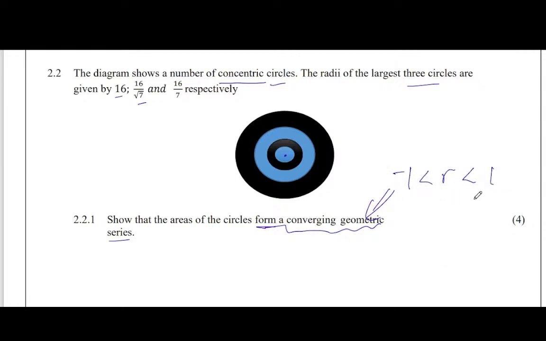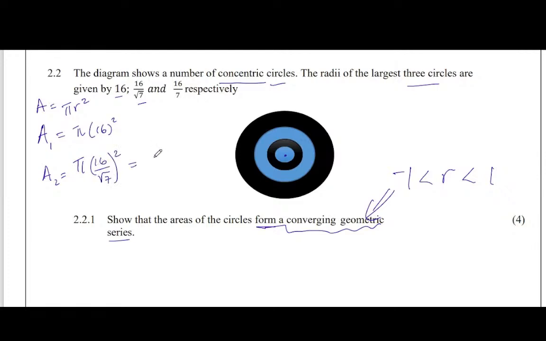Okay, so we've been given the radii, so we need to find the area of the first circle. We know that area of any given shape is given as pi radius squared. So that's going to be pi times 16 squared. And then when I look at the area of the second shape, it's going to be pi again, multiplied by 16 over the square root of 7 squared.